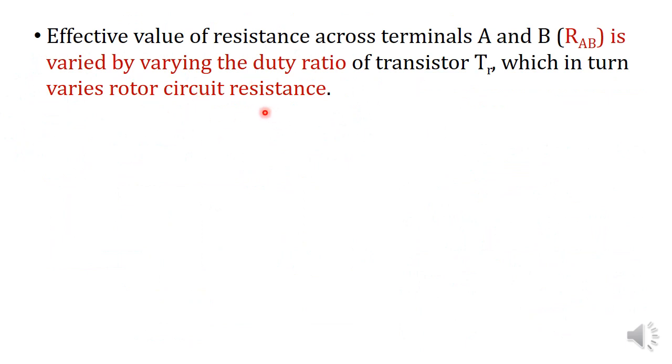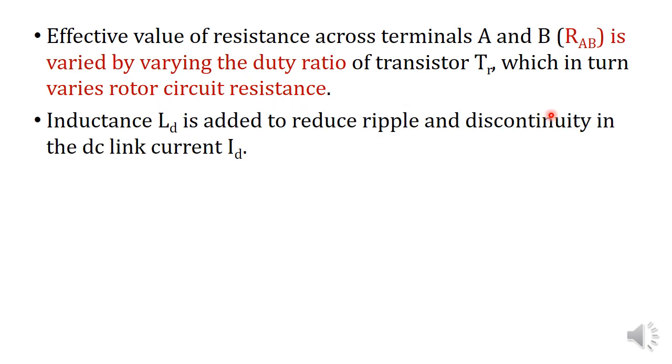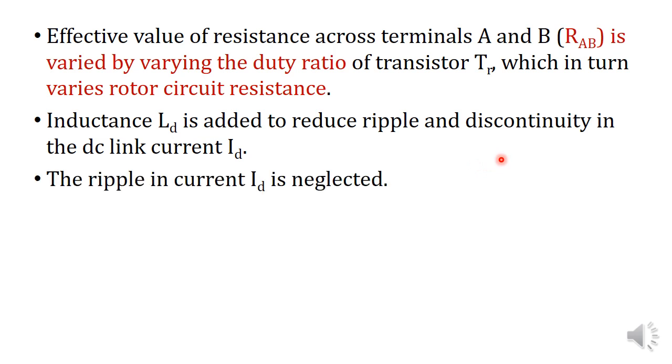And these are the conclusions. The effective value of resistance across the terminals A and B, RAB, is varied by varying the duty ratio of transistor TR, which in turn varies the rotor circuit resistance. And the inductance LD is added to reduce the ripple and discontinuity in the DC link current ID. The ripple in current ID is neglected.